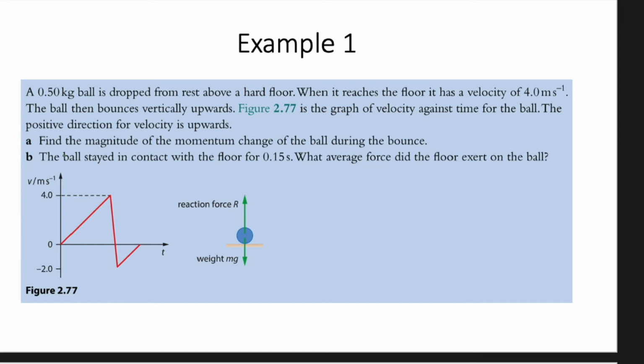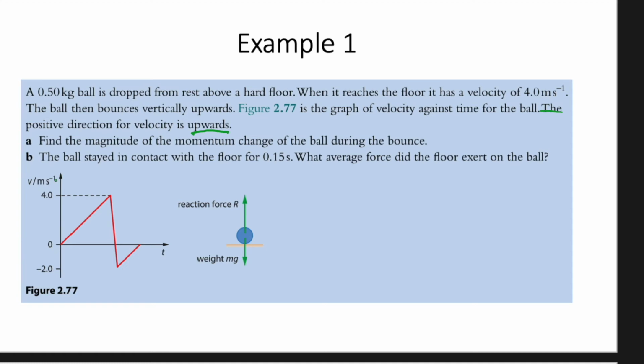One thing you need to pay attention to is that the positive direction for velocity is upward, meaning that if the ball is going upward, it has a positive quantity. So when the ball reaches the floor, it has a negative velocity because it's going downward, but the graph here says to use a positive quantity to represent the downward direction. So just don't be tricked by this graph.